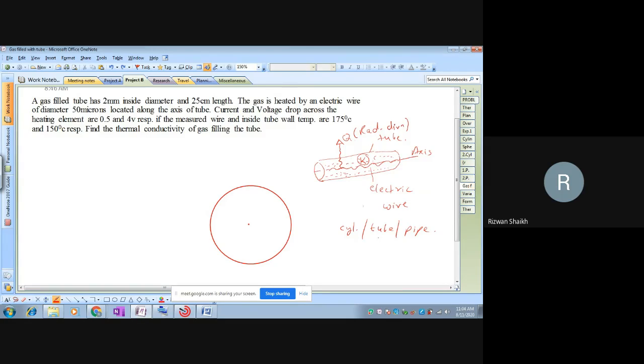Whenever the radius is too low compared to the length of the pipe, tube or cylinder, we consider the cross-sectional area of the tube, cylinder or pipe.